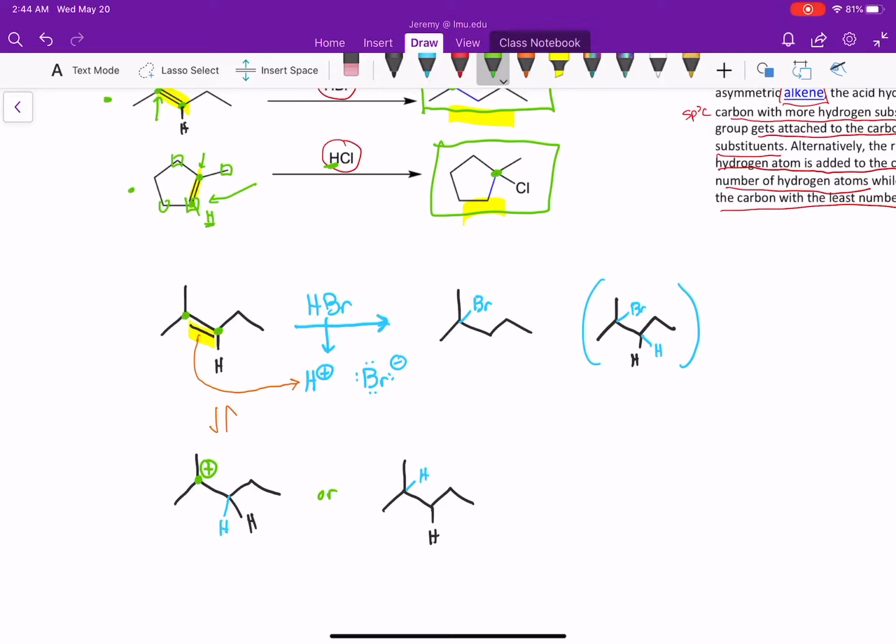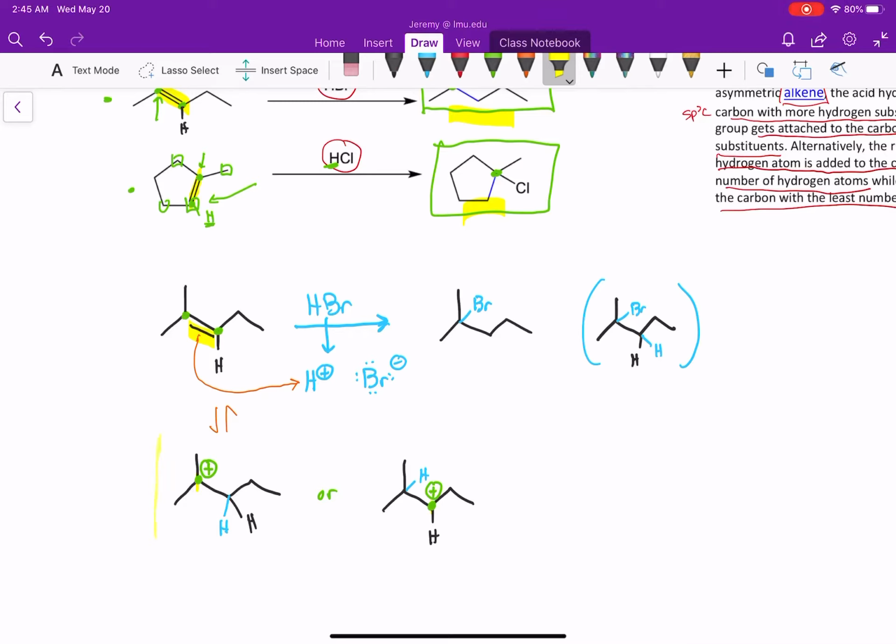Again, now the carbon on the right only has 3 bonds, and that carbon would have a positive charge. Okay, so there's really 2 options here. We can add the hydrogen to the right and get this carbocation here, or we can add the hydrogen to the left and get that carbocation there, all right?